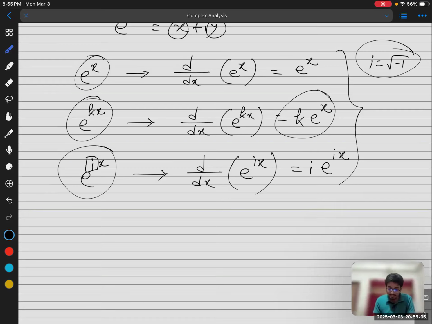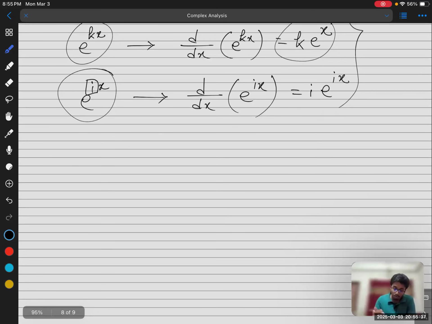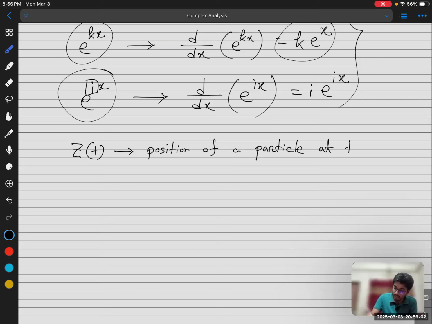Let's consider a moving particle argument. Let's say a particle is moving and its position vector, or the position at any point t, is represented by z(t). So z(t) is going to be the position of a particle at time t.